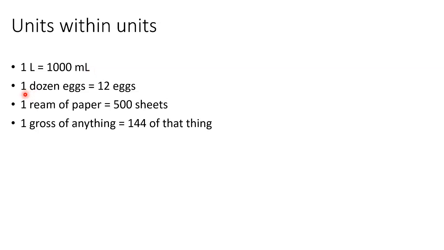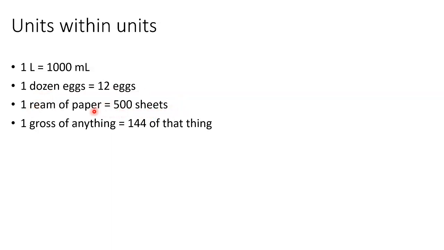We're also used to a dozen eggs being 12 eggs. If you go to the grocery store and get a typical carton of a dozen eggs, you get 12 eggs. A ream of paper: if you get one of those stacks of copy paper wrapped in that shiny paper and you put it in the printer, that is 500 sheets.